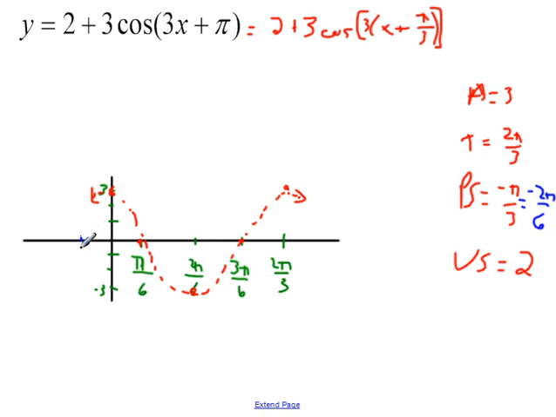So let's see, there's 1, so that'd be negative pi over 6. That'd be negative 2 pi over 6. So this point, we're looking at this graph, goes back 1, 2, goes here. This point, 1, 2. That point, 1, 2. That point, 1, 2.